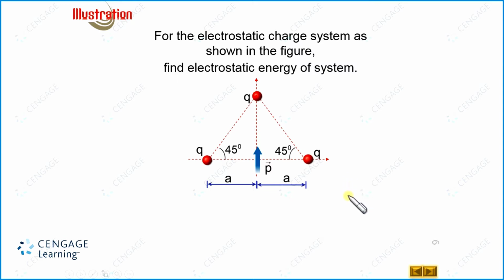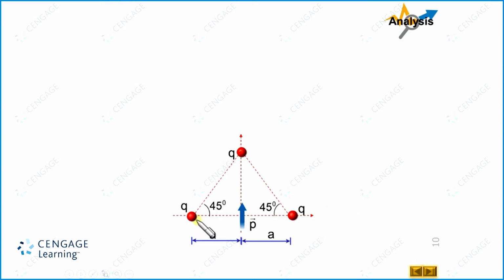So let us make the diagram on the next page. Here we take three charged particles and one dipole as a system, and in the system we have four elements. Let us number these elements: this is 1, 2, 3, and let us number this dipole as number 4.